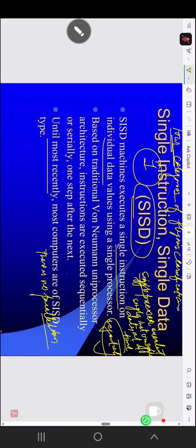And the SISD, single instruction, single data.